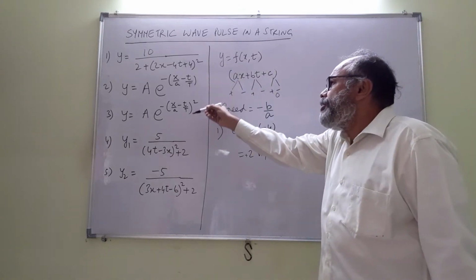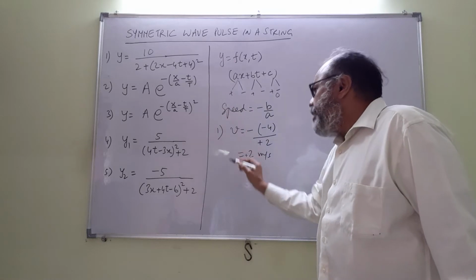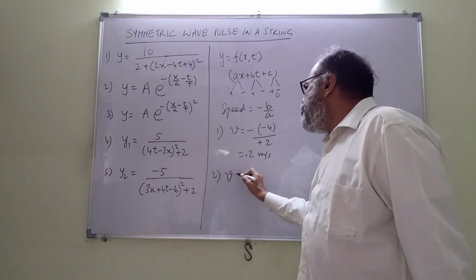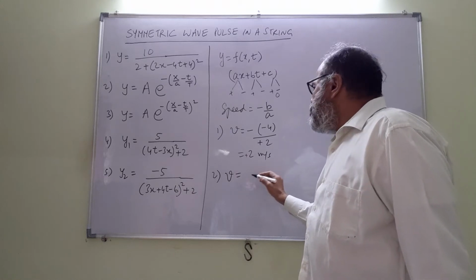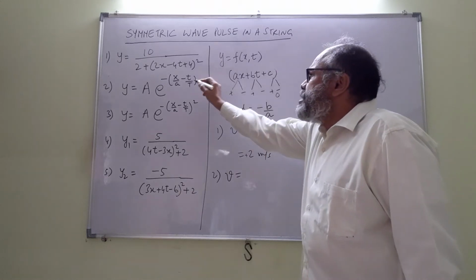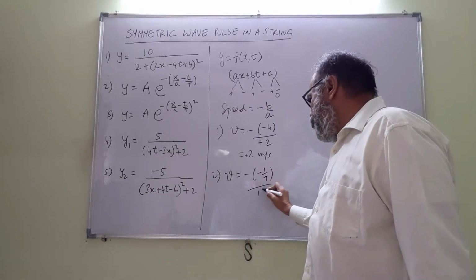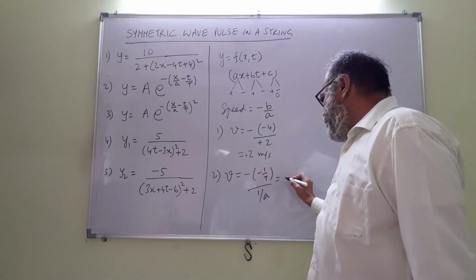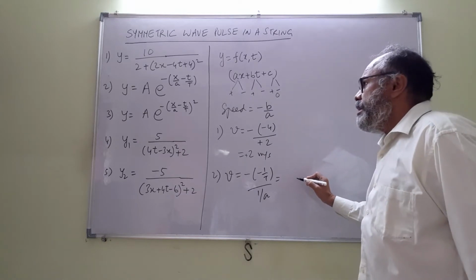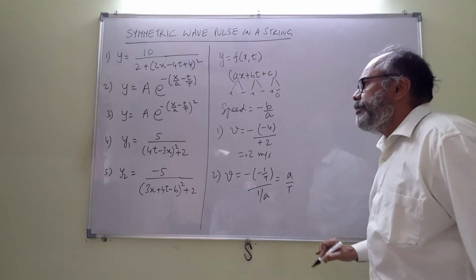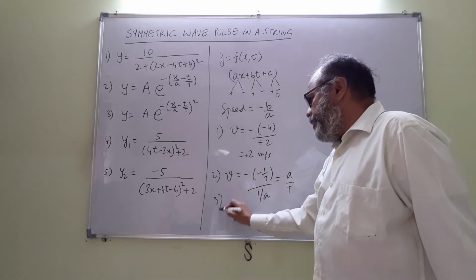Similarly, you can check for the others. In the second case, the speed would be minus b by a, that will be a by T. a by T is the speed. Same is true in the third case also.